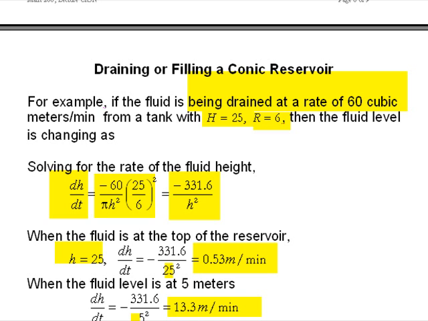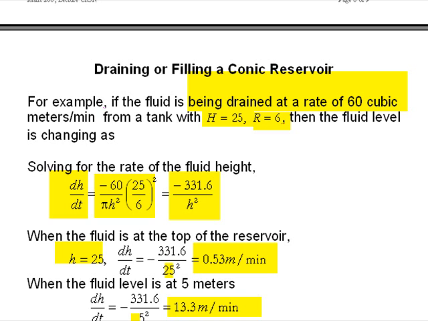And this makes a lot of sense. If you put volume in down there at the apex of the cone, which in this case is at the ground, the height is going to come up real quickly. If you put the same amount of fluid into the reservoir when it's almost full, you might not even see a change. So again, this is how to do these problems.